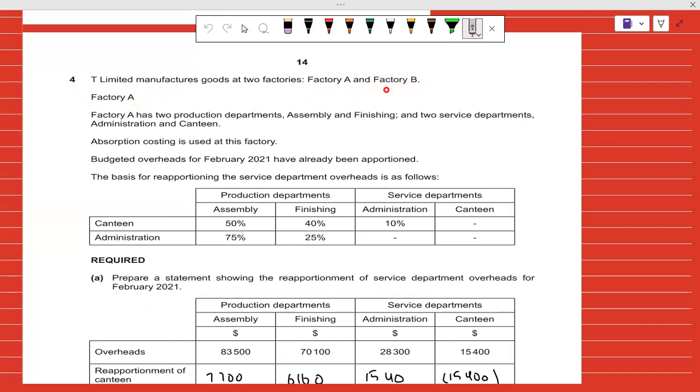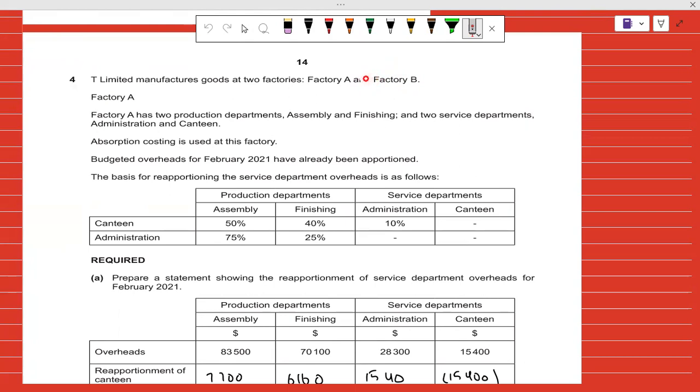But this question is a 30-mark question. Whenever they give you a question related to absorption and marginal costing, it would come as a 30-mark or maybe 15-mark question.